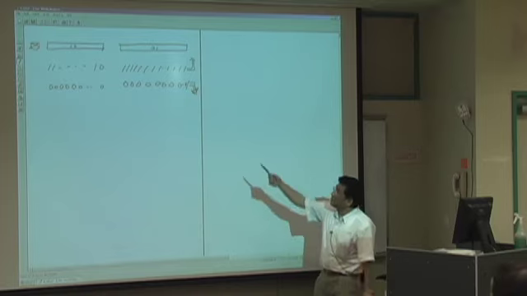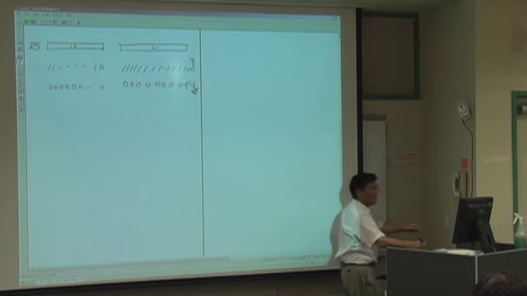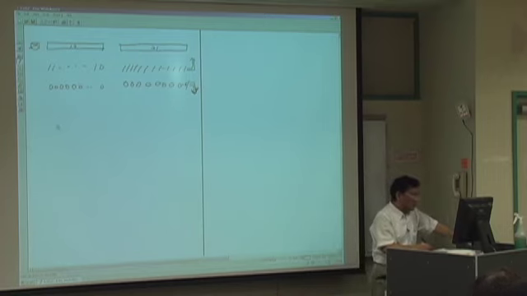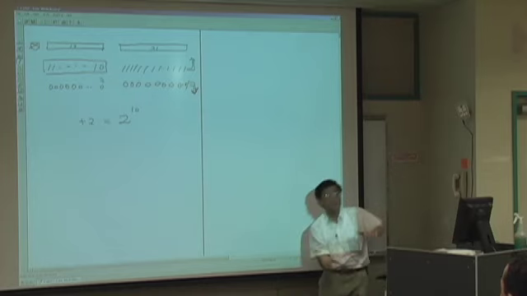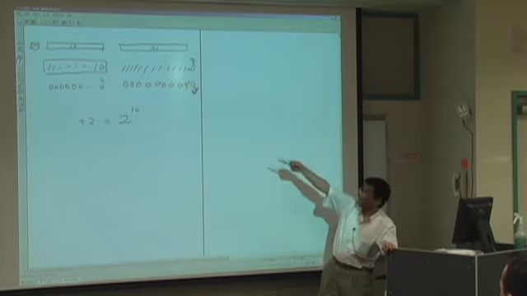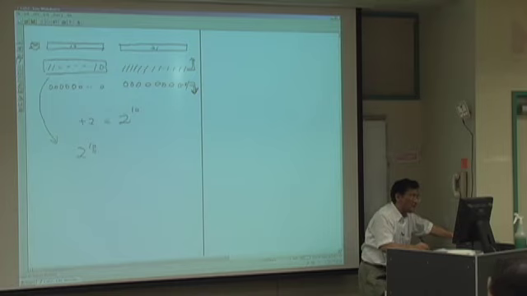Now it's time to just interpret these things. So let's interpret the first one. Usually, this number plus 2 is nothing but 2 to the power of 10. Right? Because if you add 1, then everything is filled. If you add 1 more, it will overflow to 2 to the power of 10. So this number is 2 to the power of 10 minus 2. But because of bias, we have this as the exponent, right?